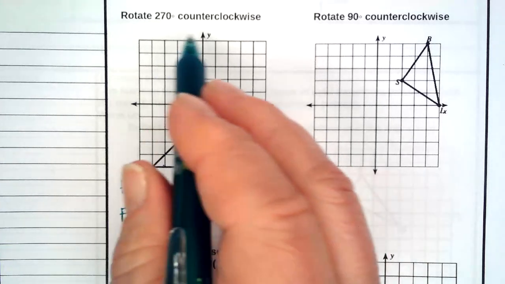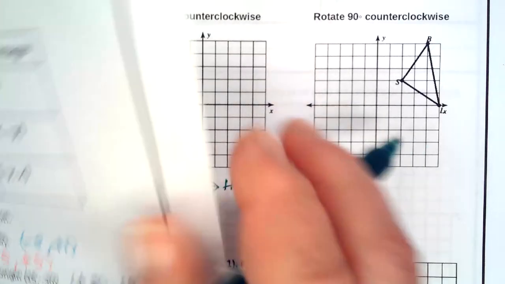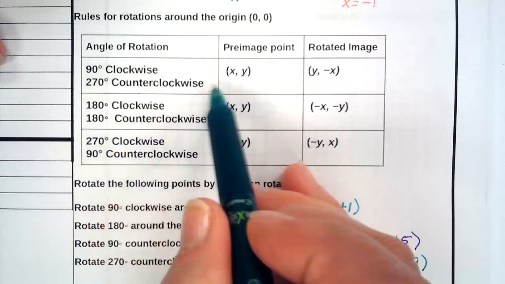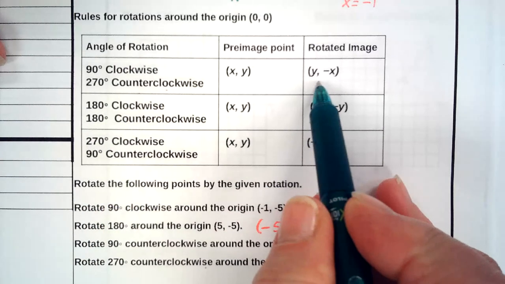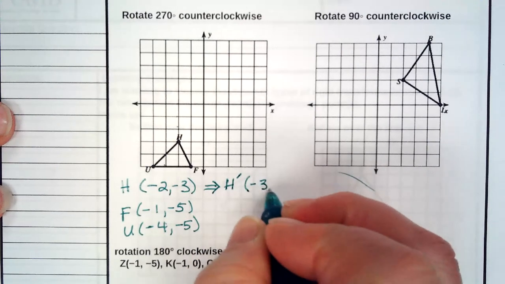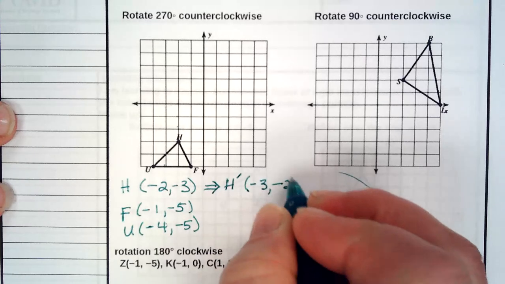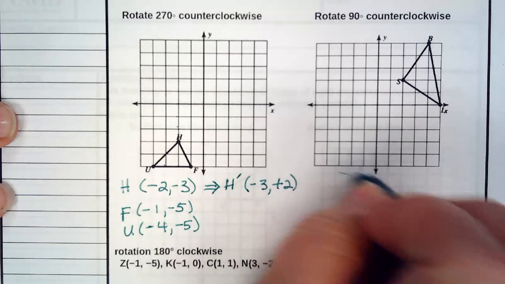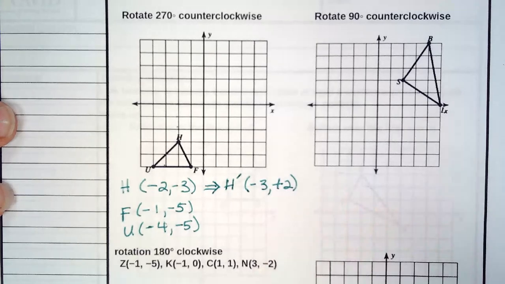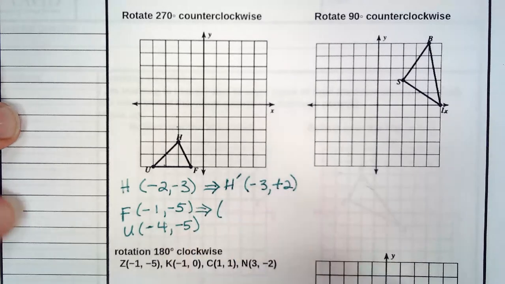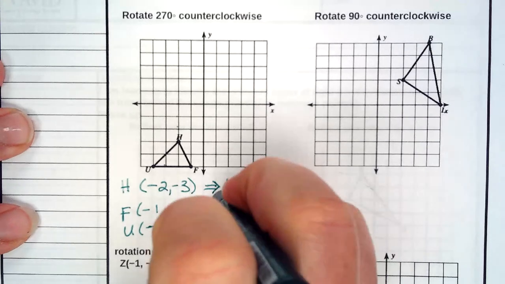So I look at 270 degrees counterclockwise. I switch them, and then my x value becomes the opposite. So this is switched to -3, -2, and then my x value becomes the opposite. So it becomes -3, +2. For H, it is mapped onto F prime.